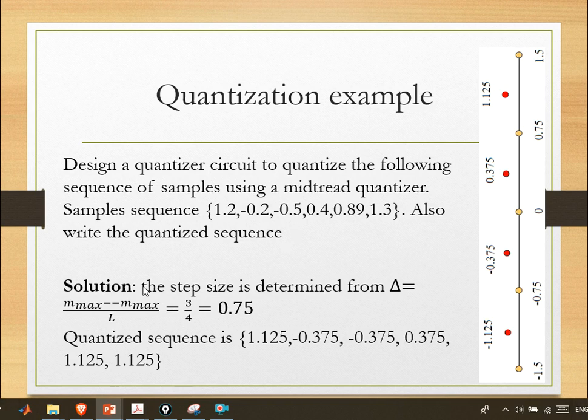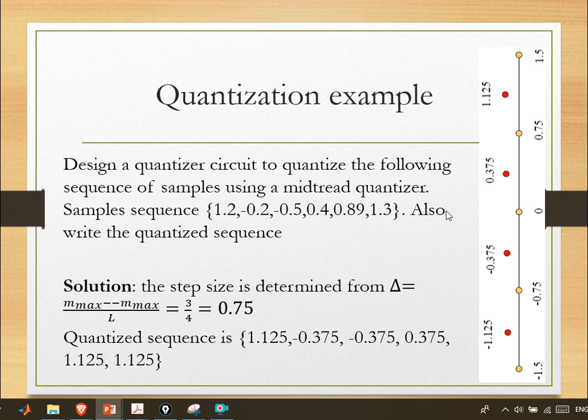So first thing you need to find delta. You need to know how much delta is. This is the actual signal you have. It has maximum amplitude of 1.5 and minimum of minus 1.5. 1.5 minus minus 1.5 equals 3. Over how many levels? 4. What's the step size? 0.75.